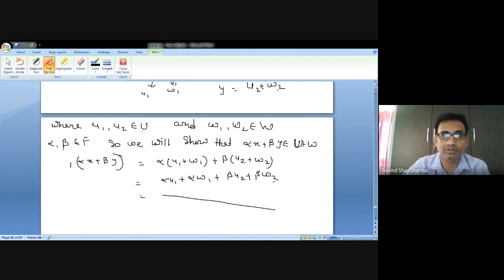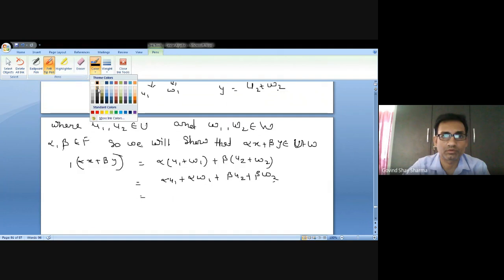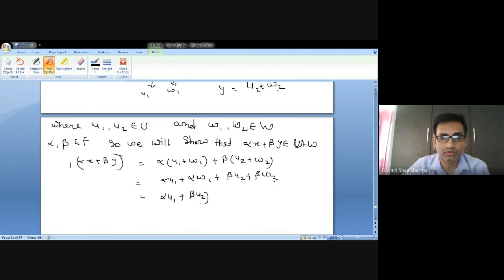That means we can say alpha u1 plus beta u2 plus alpha w1 plus beta w2, because this is the element of U and this is the element of W.